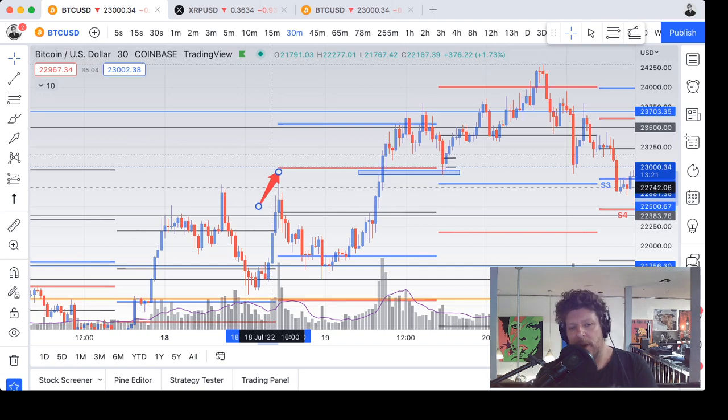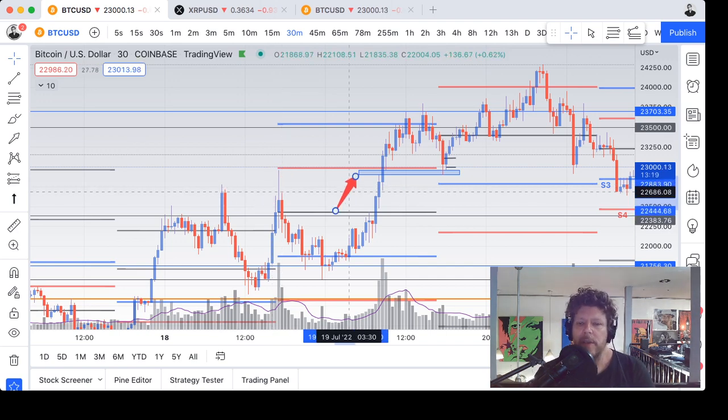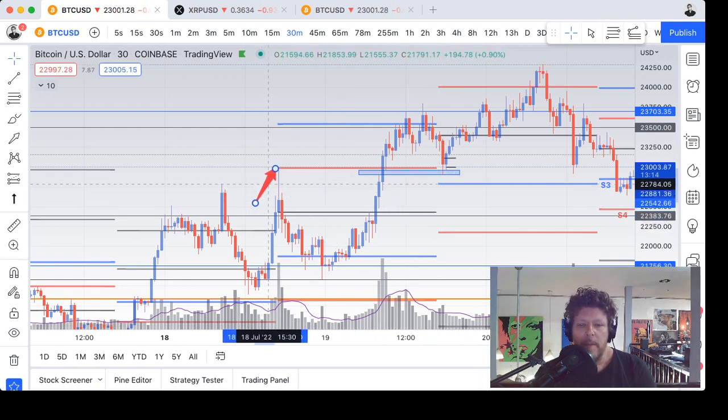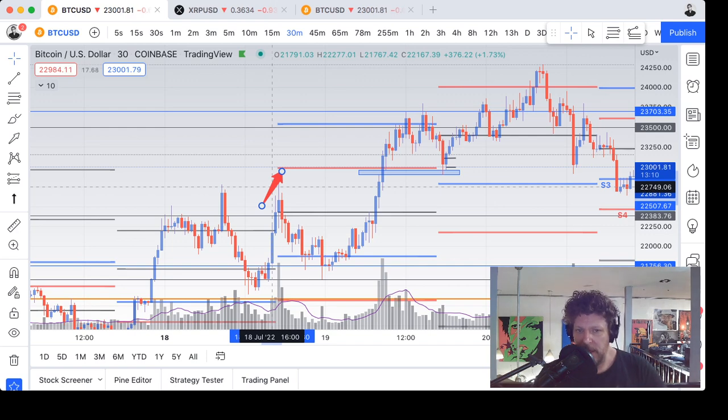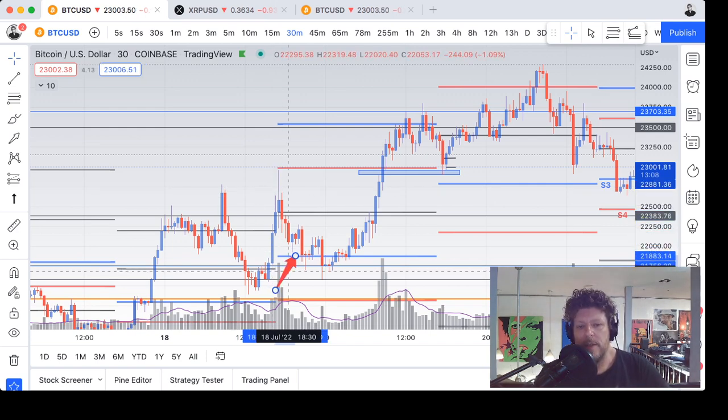It even tested R3, which is the red line, which also happens to be the area of liquidity. So the next move that I know is the most common move when using the cams is going to be R3 to S3. And you can see that's exactly what it did.